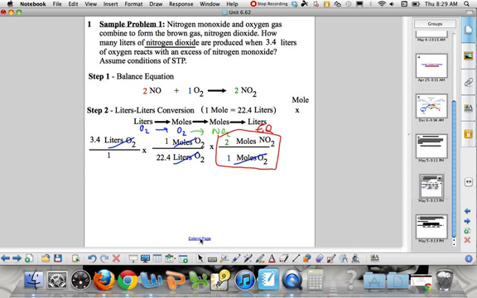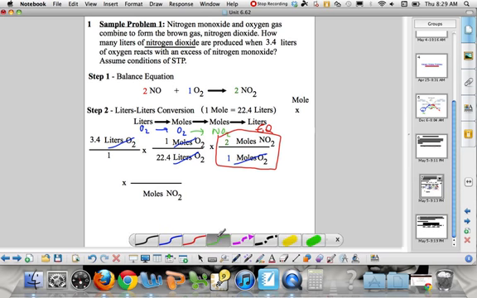We got to keep going, however, because they ask us to solve for liters of NO2. So I got to do another step here, another conversion factor, and whatever was on top goes on the bottom. So I had moles of NO2 up on the top. I got to put moles of NO2 down on the bottom again. And what am I trying to go to? Well, I'm trying to go to liters of NO2. So I'm trying to take this step from moles to liters.